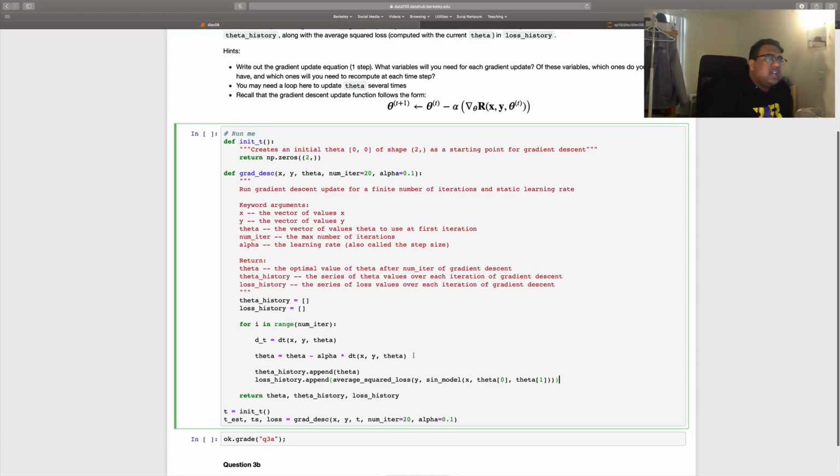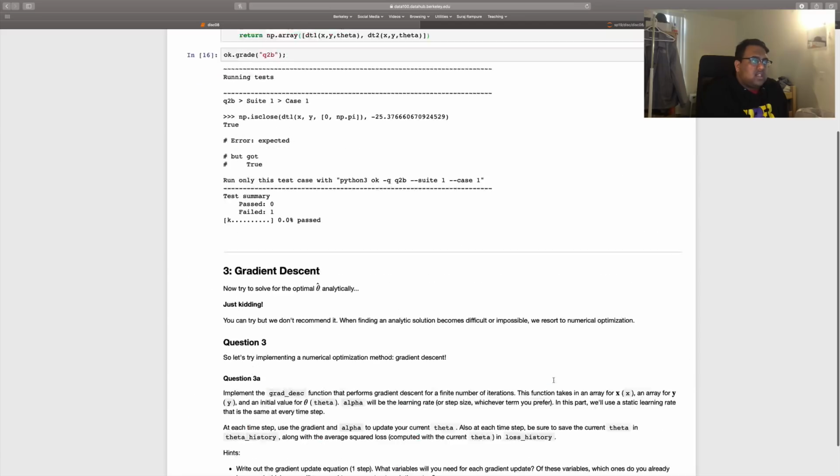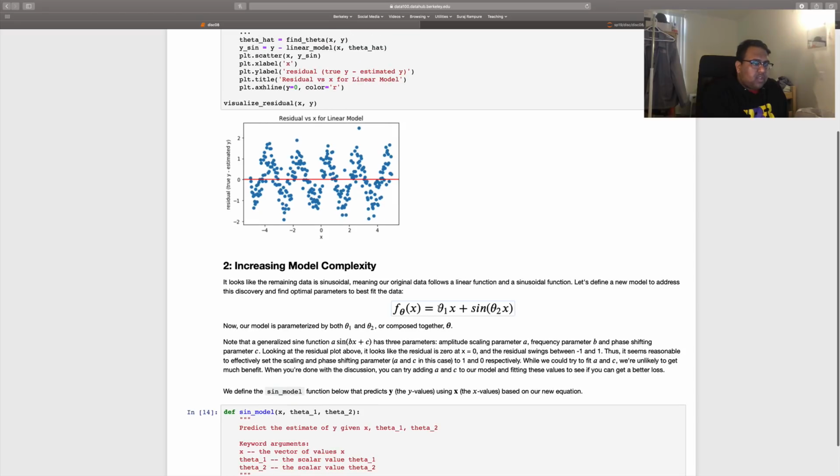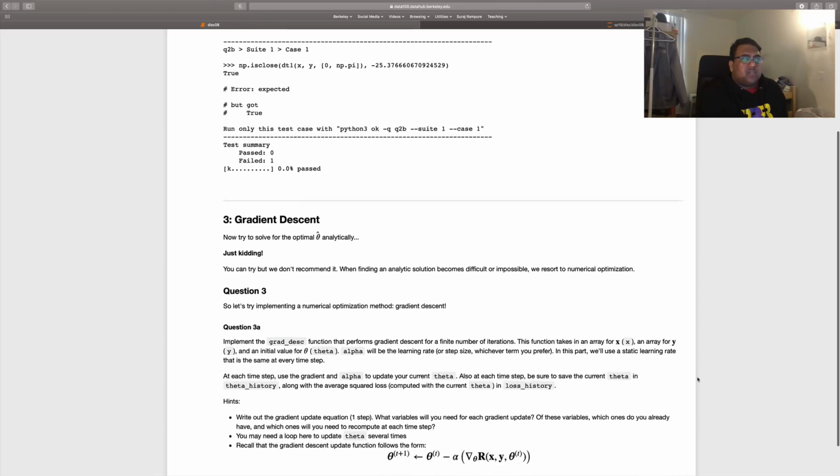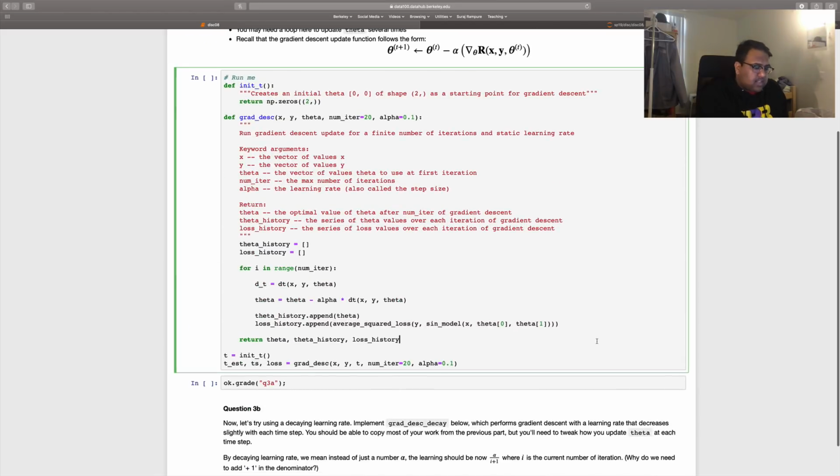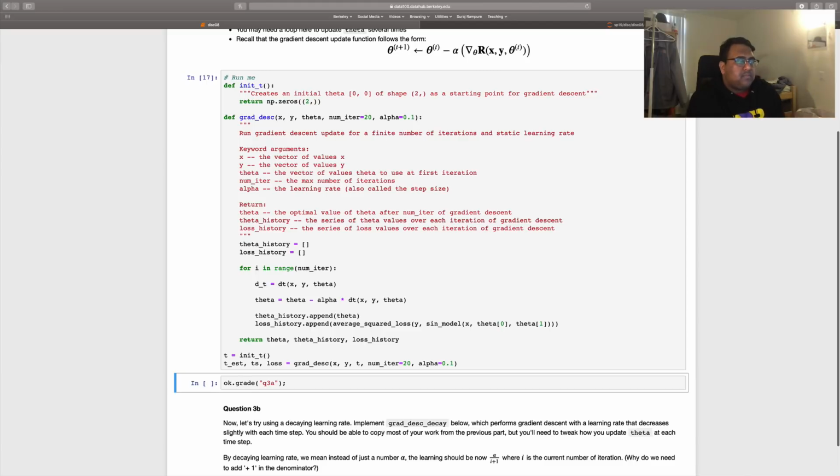So at each step with our current version of theta, we're going to calculate the average L2 loss between the true y and the sine model, which is this thing up here, with theta being what it currently is at this stage of gradient descent. Okay, so I believe that's all we have to do for this part.